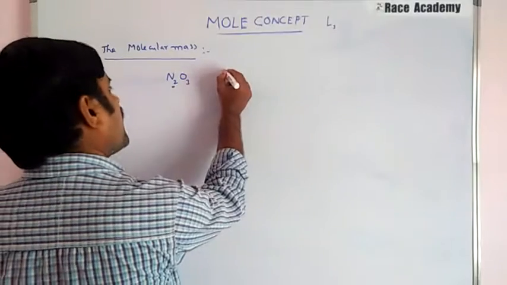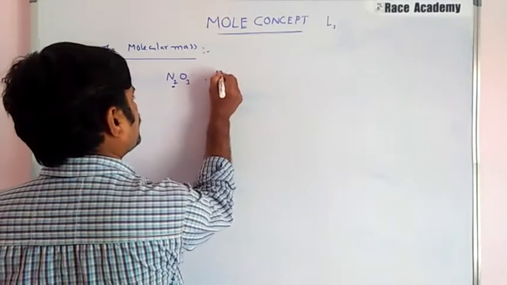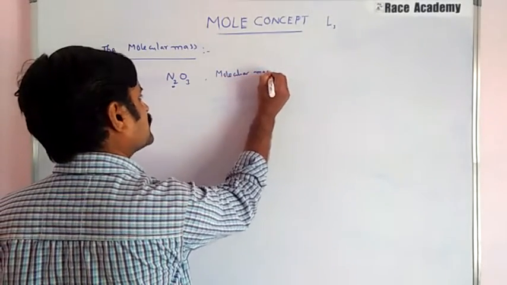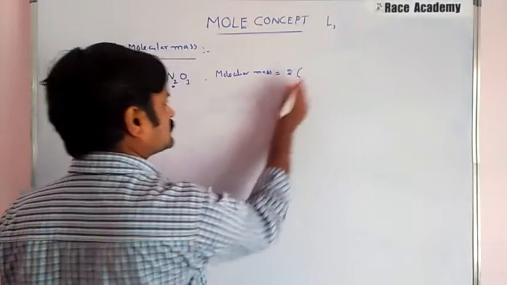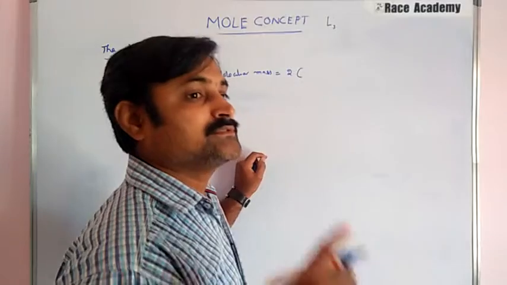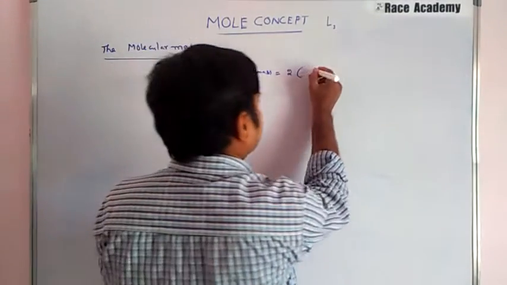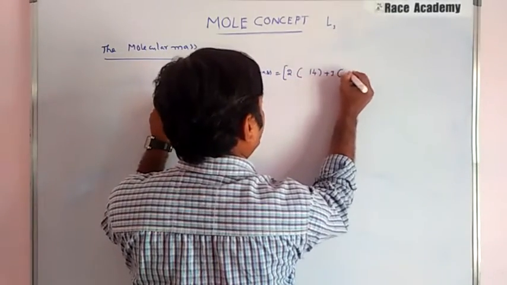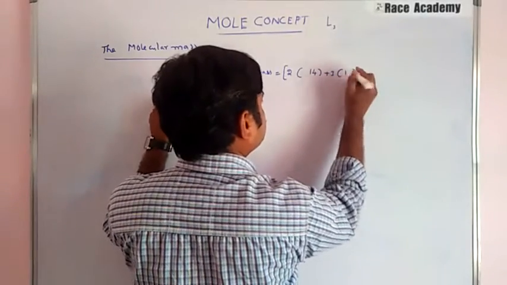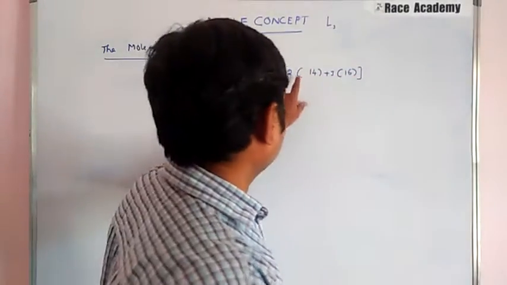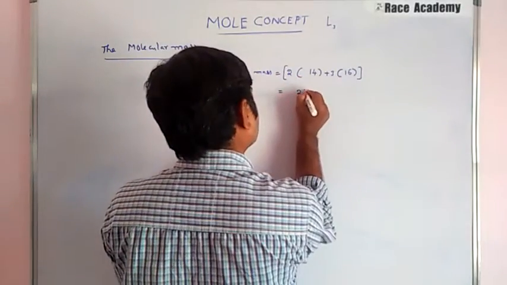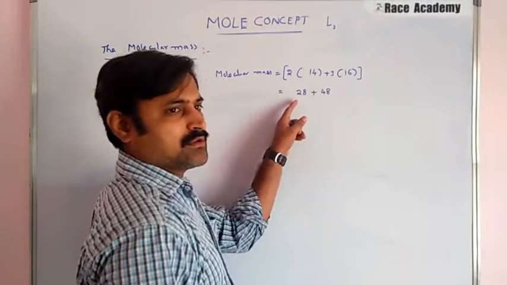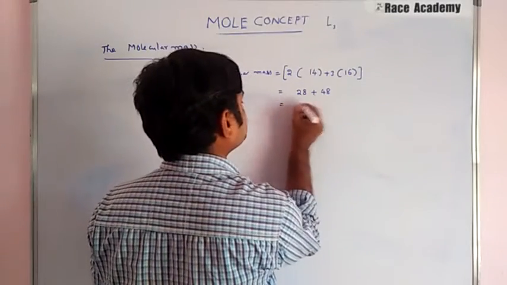The molecular mass is 2 into the atomic mass of nitrogen, which is 14, plus 3 into the atomic mass of oxygen, which is 16. 2 into 14 is 28, plus 3 into 16 is 48.